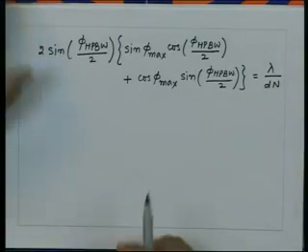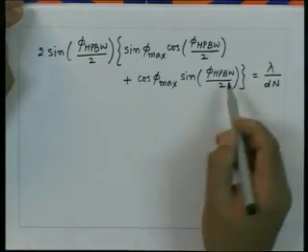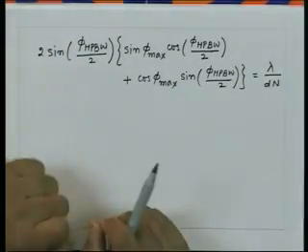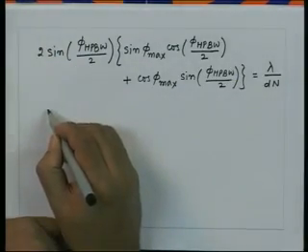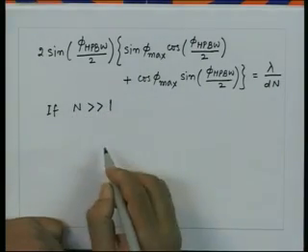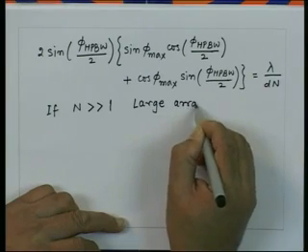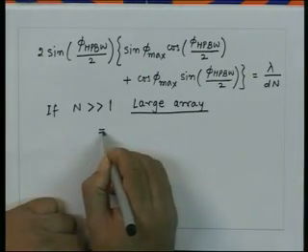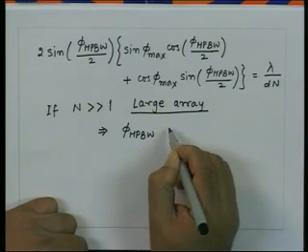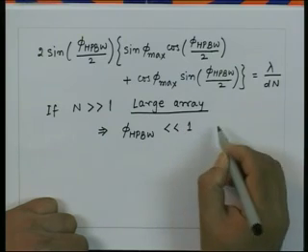Now, if n is very large, the half power beam width is much smaller than 1, because the beam width between the first nulls is going to be very small. So, if n is much greater than 1 for a large array, this would mean that phi half power beam width is much less than 1 in radians.